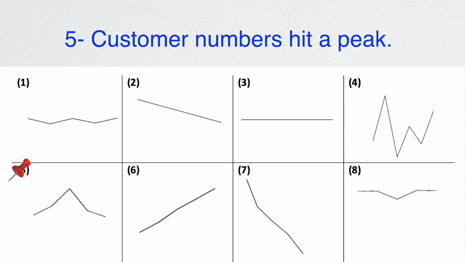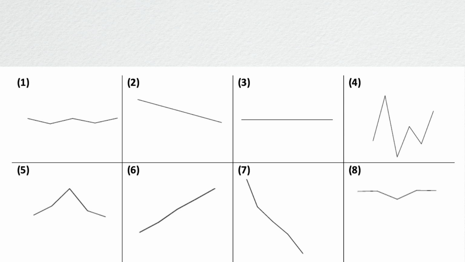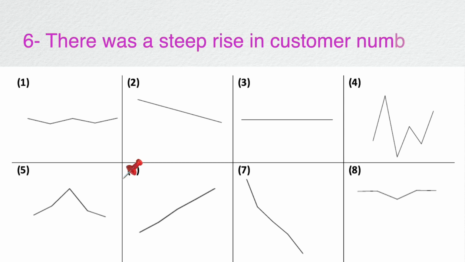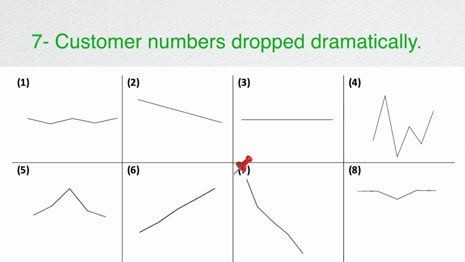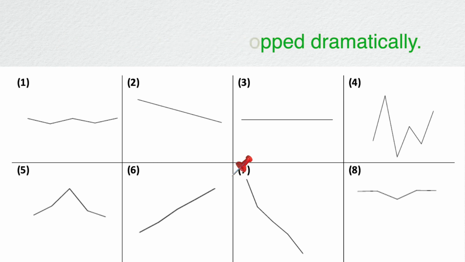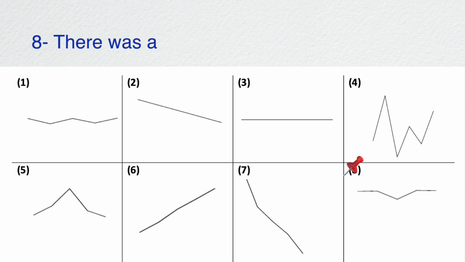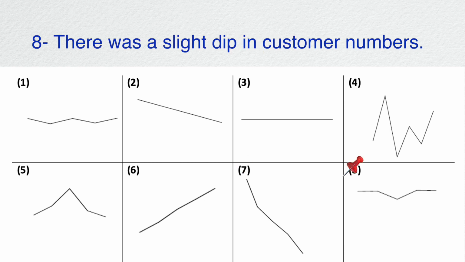Customer numbers hit a peak. 6. There was a steep rise in customer numbers. 7. Customer numbers dropped dramatically. 8. There was a slight dip in customer numbers.